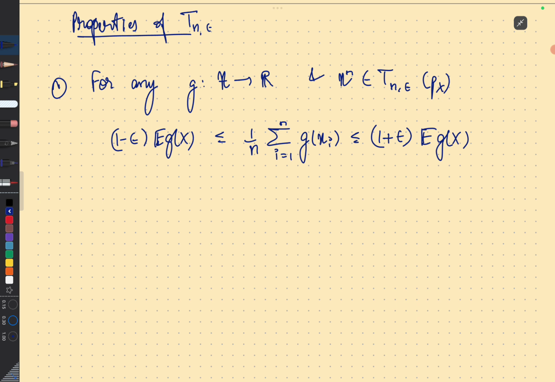So the typical set has the following property: for any sequence in the typical set, the empirical average of any function of this particular sequence is going to be close to the corresponding expectation with respect to the true distribution Px.